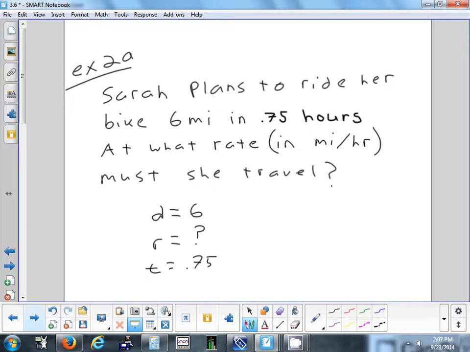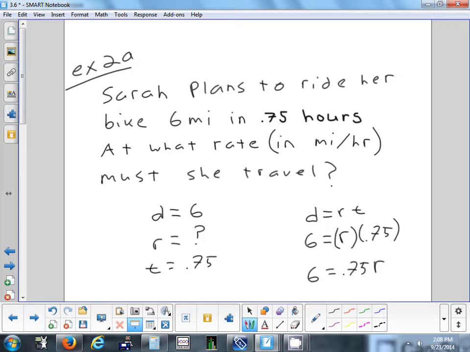What's the equation that has the D, the R, and the T in it? We just had that on the other page. Distance equals rate times time. My distance is 6. My rate, I don't know. My time, 0.75. What do you get when you do R times 0.75? How do we normally write that? We normally write it as 0.75R. It's the same thing.